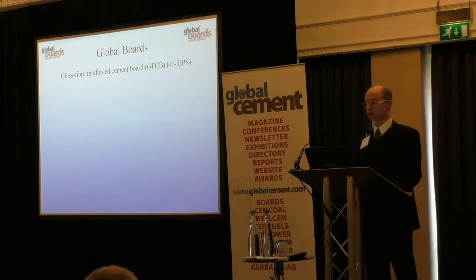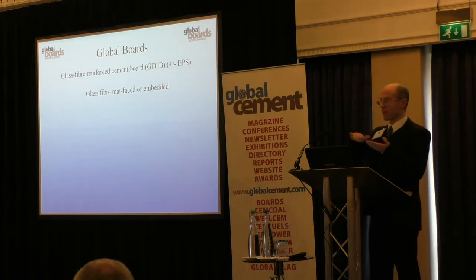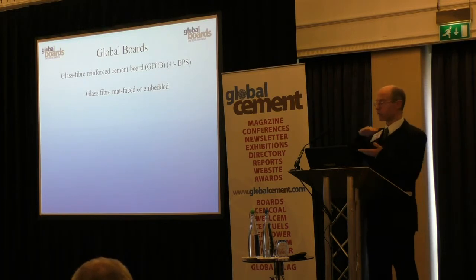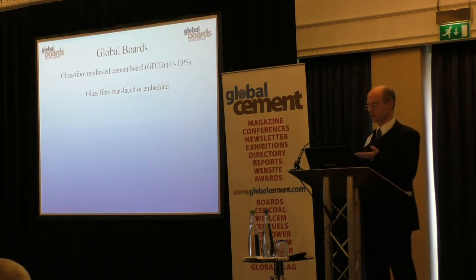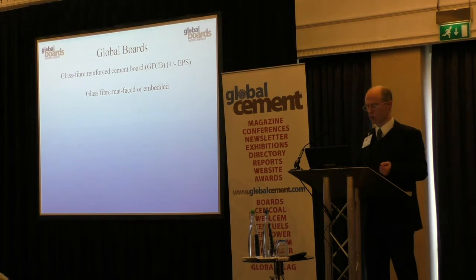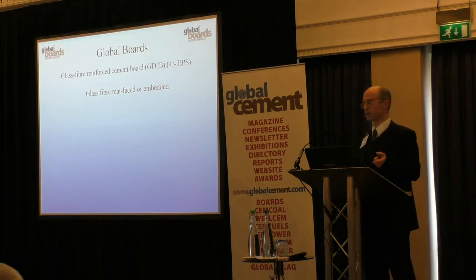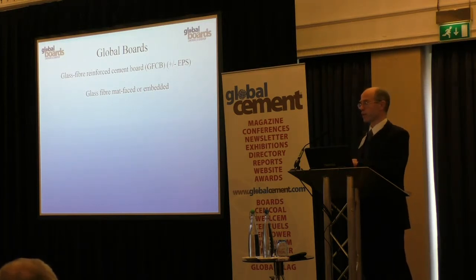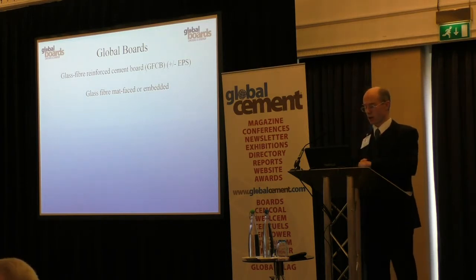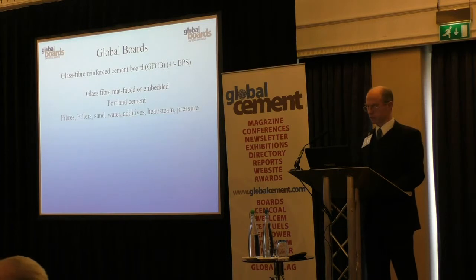Next we would look at glass fibre reinforced cement boards, and this would have a glass fibre mat on the surface or slightly embedded within the surface of the board. And there are a variety of these products out on the market with lesser or greater levels of sophistication. Again, they use Portland cement.